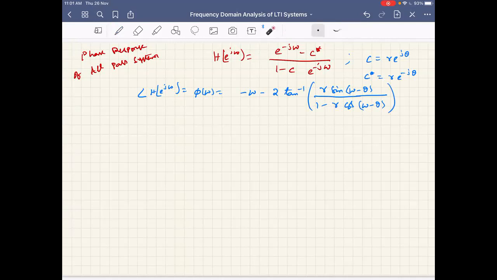With substitution of this in this and further algebraic simplifications, we can write in this form. I will skip the simplification now. Let us see some of the properties of this, because these will have some consequences in the subsequent discussions. Let us also write now the group delay, which is also an important term.